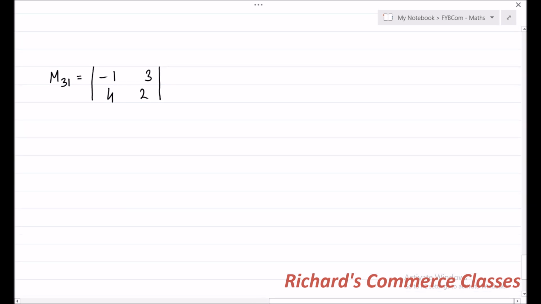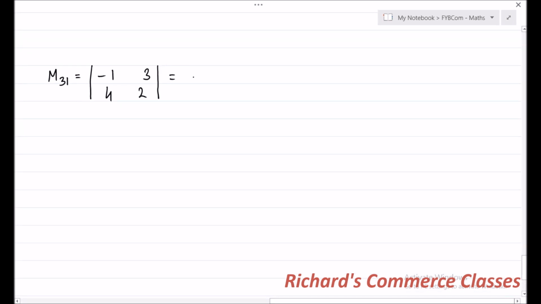Now if we solve this, it will be equal to minus 1 into 2 minus 3 into 4, which is equal to minus 2 minus 12, and the answer is minus 14.